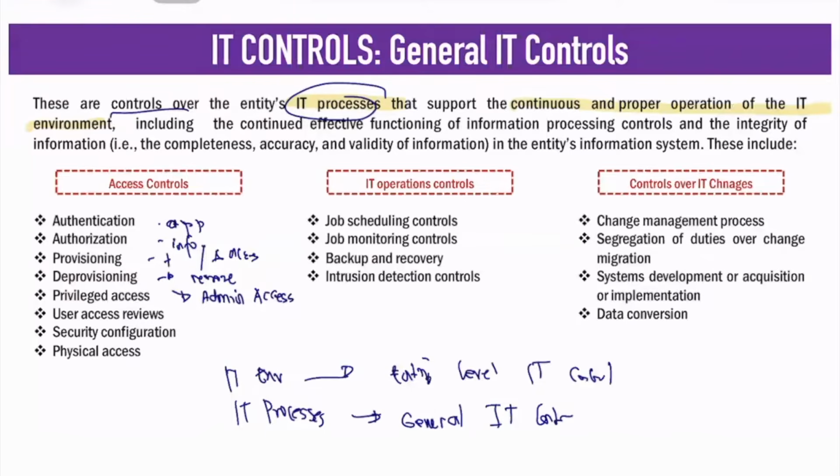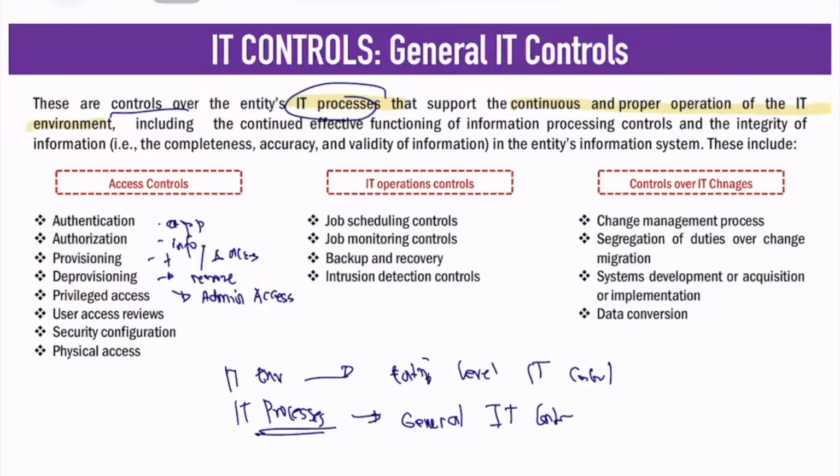Normally, this is known as your different security keys, or you have a third party to key in the security for the access of your data. Furthermore, we have physical access. So any access control for the physical access of the hardware or the data center, we call that physical access. So all of this talks about your access control over your IT processes.